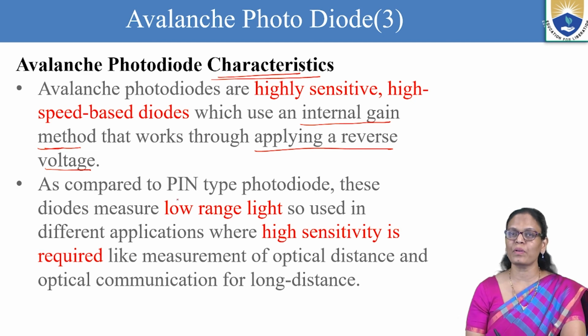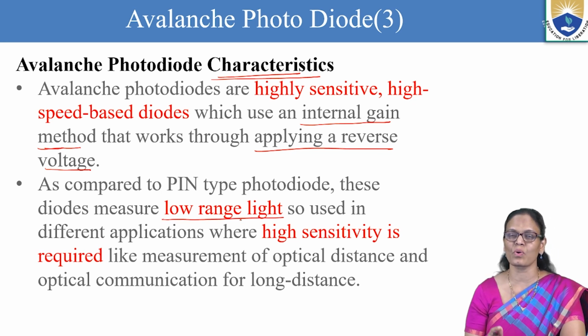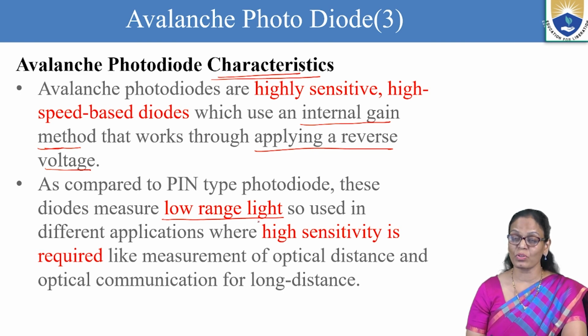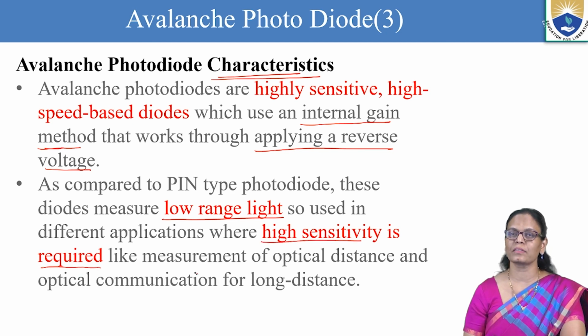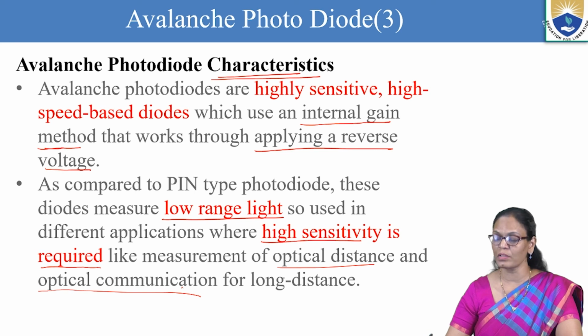As compared to the pin photodiode, they are used to measure very low range light, so low range light can also be detected with the help of this avalanche photodiode. They are used in applications where high sensitivity is required, like the measurement of optical distance, and also in optical communication for long distances.